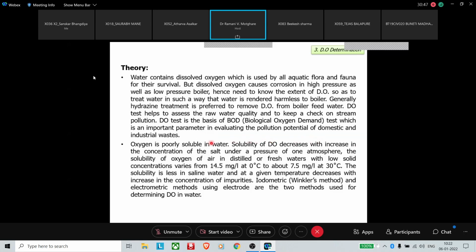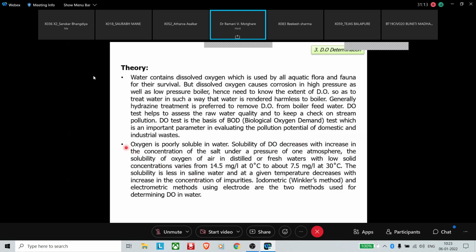Like small industries, a number of food industries are there. They will be discarding their washing. For washing they may be using a lot of detergents, so the detergents are there along with the water. So these things will leach out into the streams, small streams, like the river's little brother.